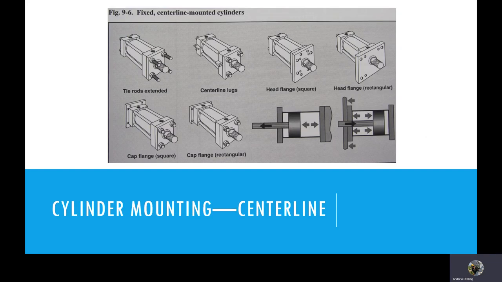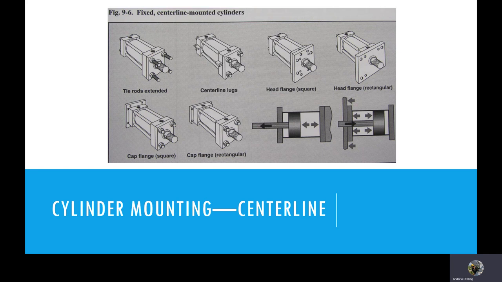Okay, here are some examples of fixed centerline mounted cylinders. These ones are designed to push in a straight direction only. So if I'm putting this kind of a cylinder in, there's no real deflection. The thing is designed to just basically squeeze in one direction only.